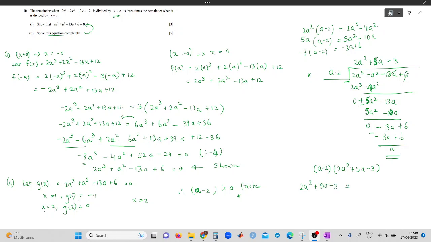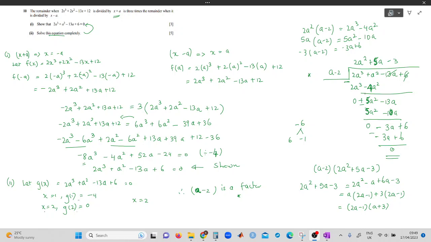Which two factors of minus 6 will give me plus 5? It's 6 and minus 1. So factorize it: 2a squared minus a plus 6a minus 3, a(2a minus 1) plus 3(2a minus 1). This will give me (2a minus 1)(a plus 3).